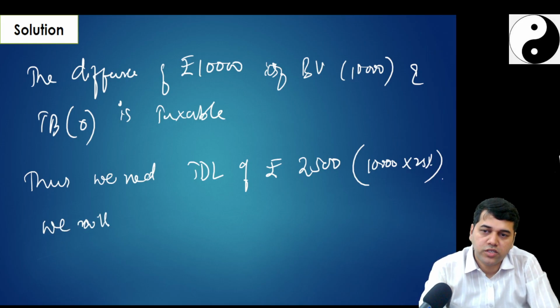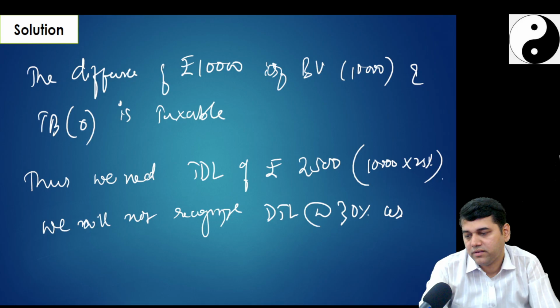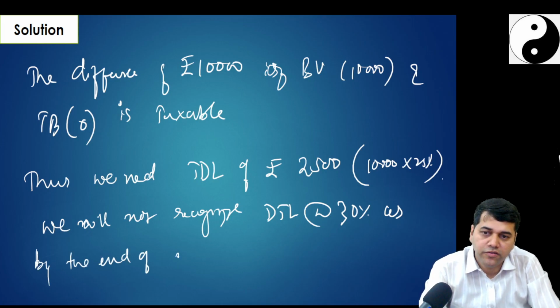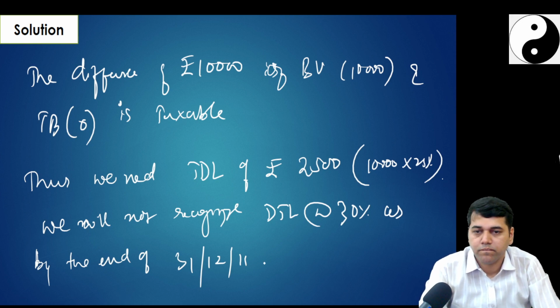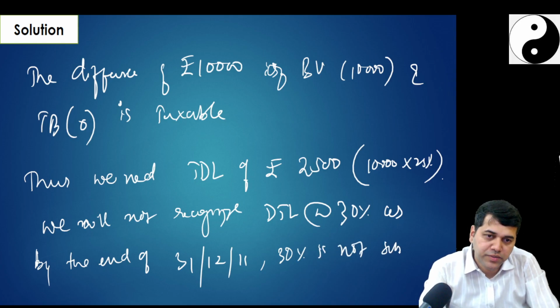We will not recognize DTL at 30% as by the end of 31st December 2011, 30% is not substantially enacted.